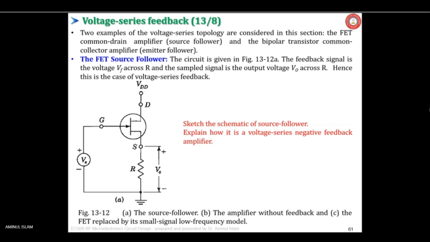Emitter follower. This is very good. So now think why it is called voltage series and why it is called negative feedback. Try to visualize. Any idea?